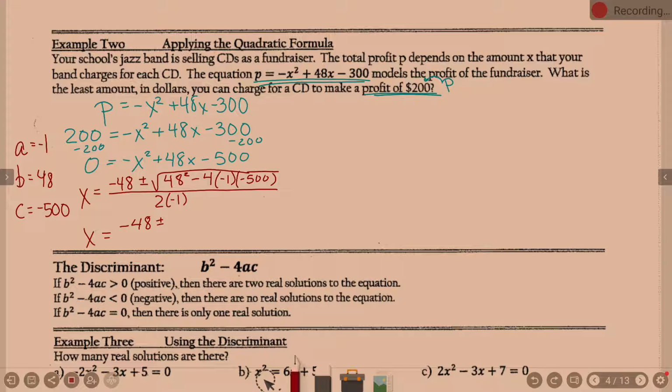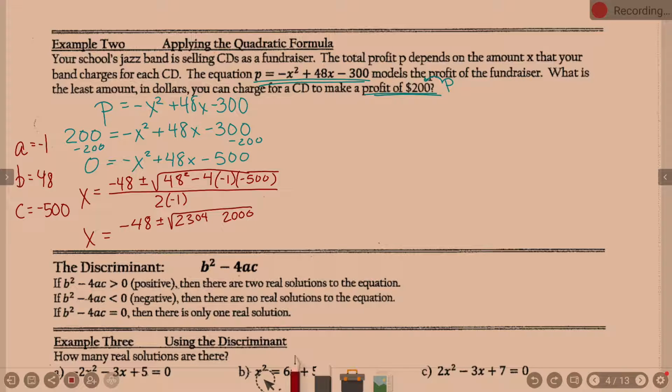Okay. Negative 48 plus or minus, okay, square root of, well, this is where you're thankful for calculators, right? 48 squared, 2,304. 4 times 1 is 4. 4 times 500 is 2,000, because 4 times 5 is 20, tack on 2 zeros.